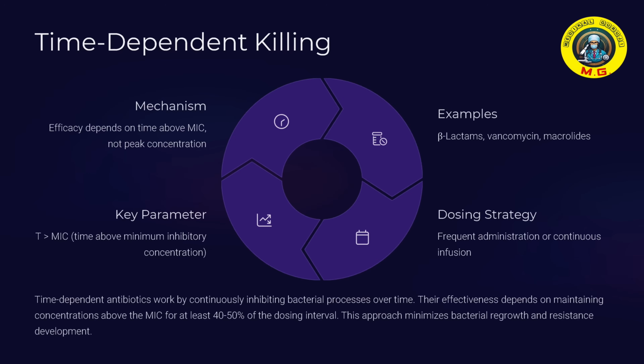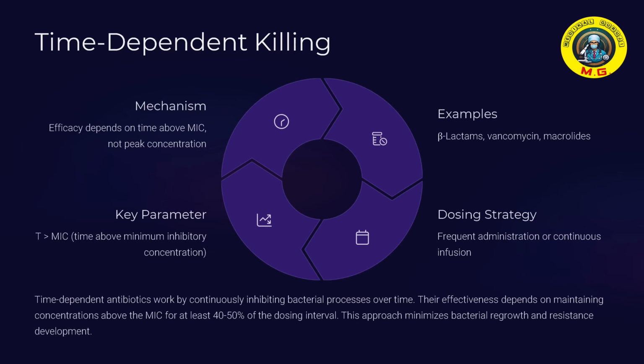The key pharmacokinetic parameter for time-dependent antibiotics is T greater than MIC, which represents the percentage of the dosing interval during which the drug concentration remains above the MIC. For optimal efficacy, T greater than MIC should typically be at least 40 to 50% of the dosing interval, depending on the specific antibiotic.